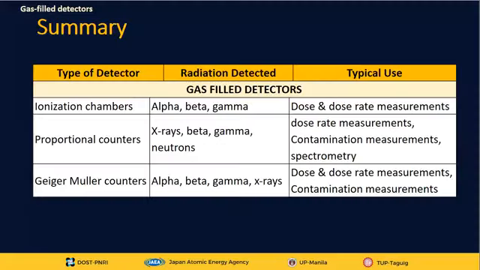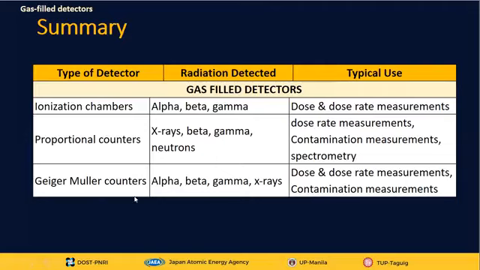So in summary, our gas field detectors are made of 3 types depending on the applied voltage. You have the ionization chambers that are able to detect alpha, beta, gamma, and primarily used for dose and dose rate measurements. Then we have proportional counters that can detect X-rays, beta, gamma, and neutrons, and primarily used for spectrometry and also for dose rate measurements and contamination measurements since they are sensitive to low intensity fields.